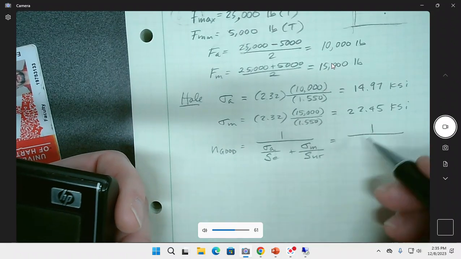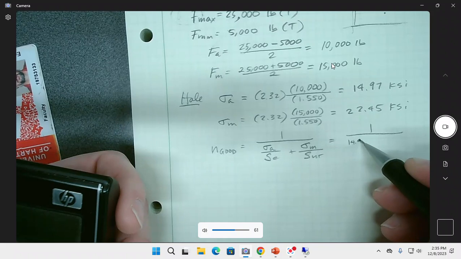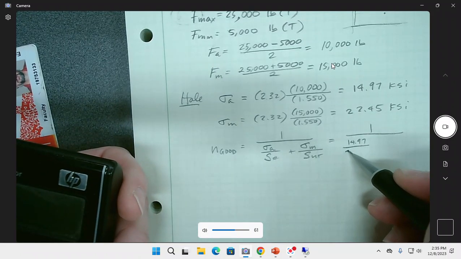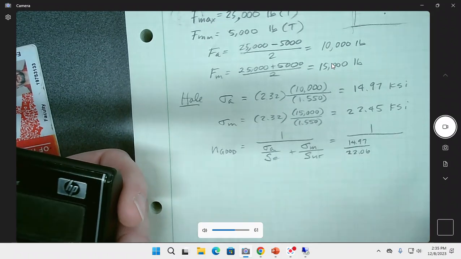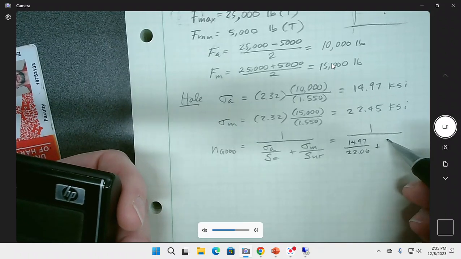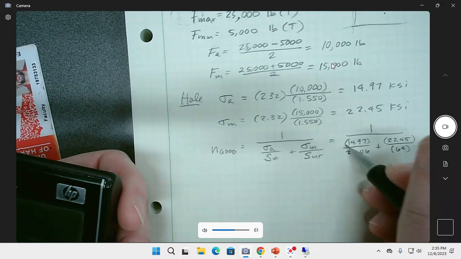Fingers crossed that we broke this. 14.97 over 22.06, plus now we have 22.45 divided by 64. I didn't put all my hugs in there.